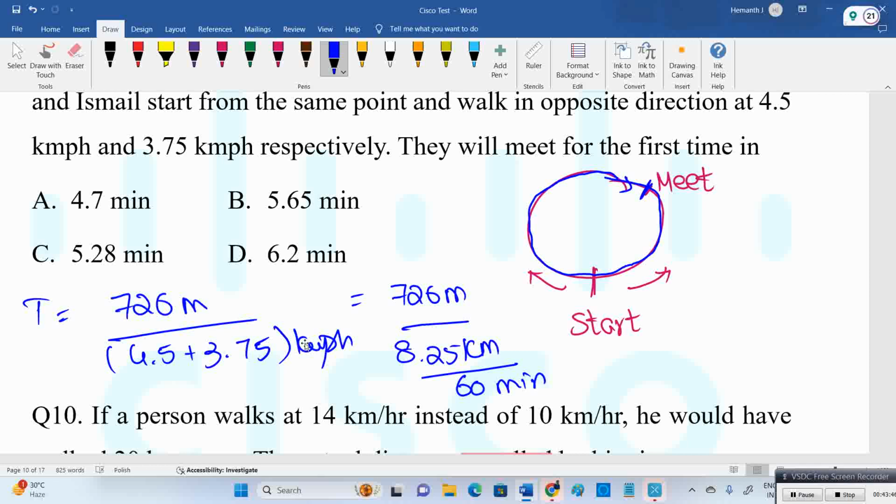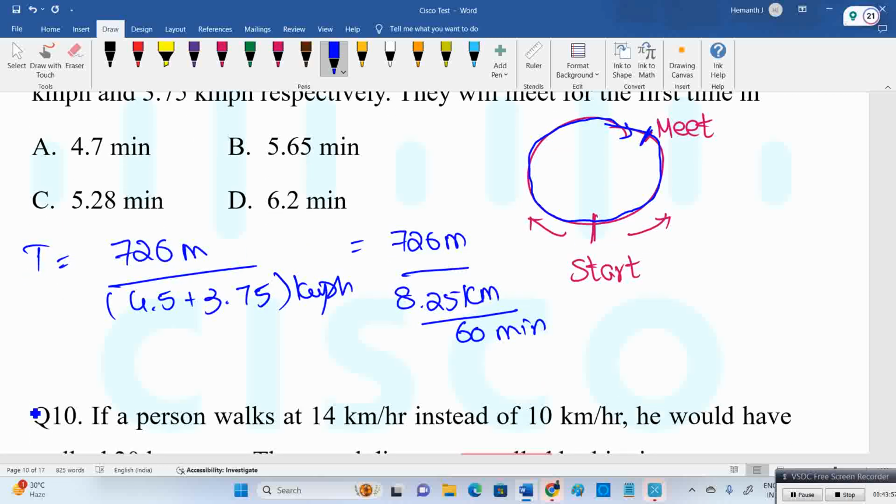Why are you converting into minutes, sir? Because the options are in minutes. In fact, 8.25 kilometers can be written as 8,250 meters. The 60 will go to the numerator. Now we need to do this calculation.